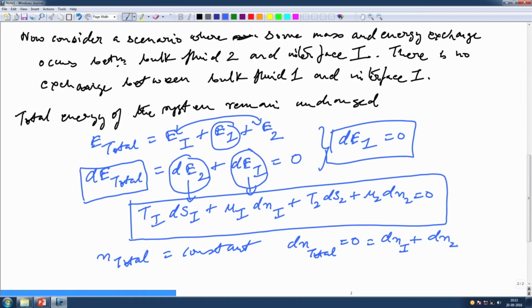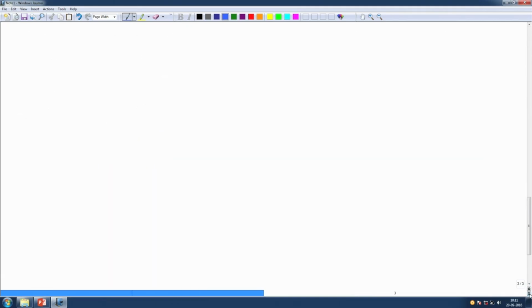Once again, the number of moles N1 has been kept constant, because there has not been any mass or energy exchange. So, that is a simplified kind of process. So, dNI is equal to minus dN2. It is a very similar statement to this energy equation. Okay. So, up to this point should be clear. So, now we look at the corresponding entropy balance.